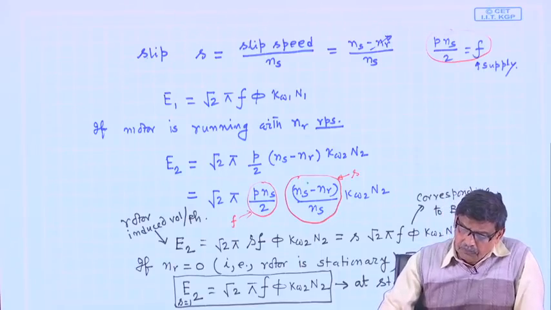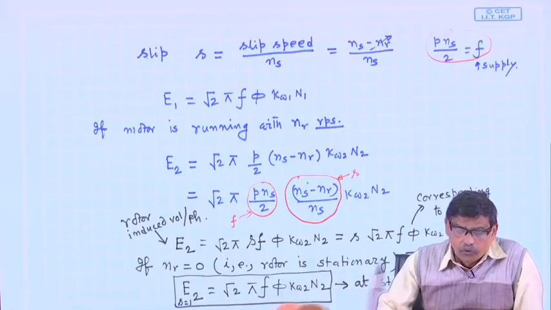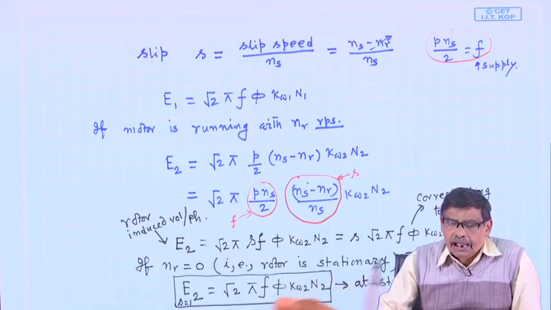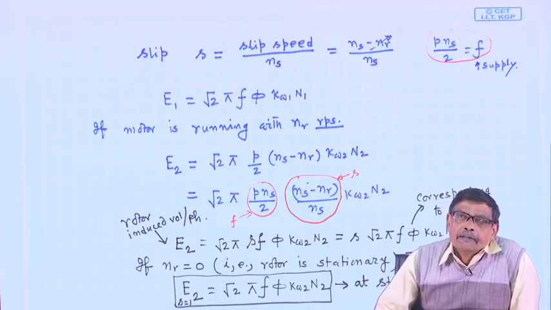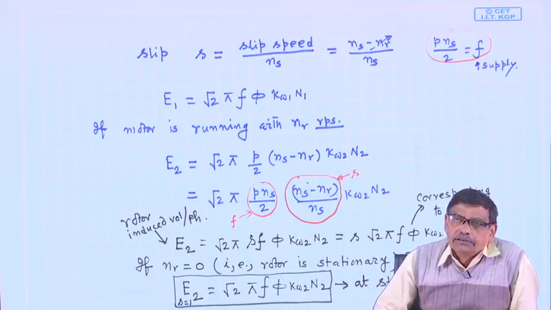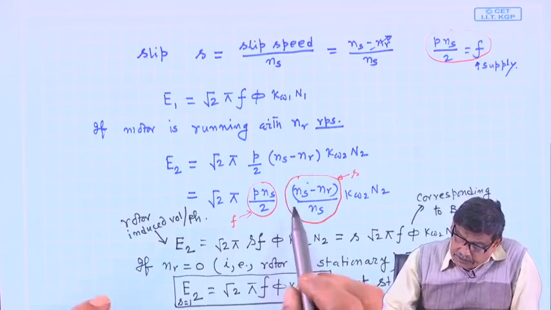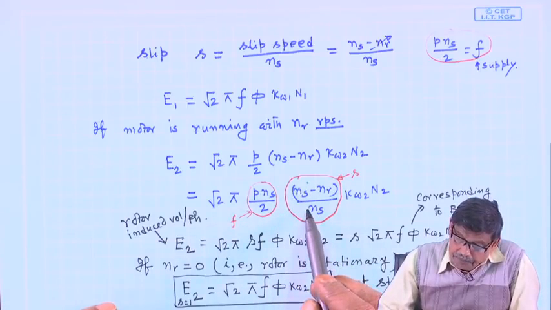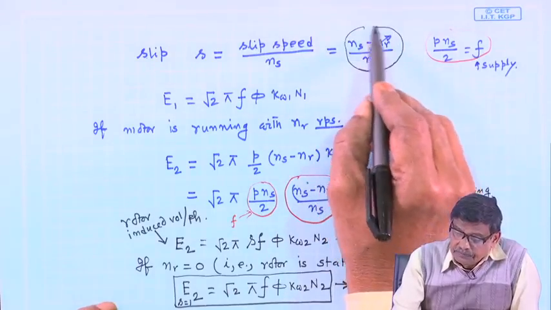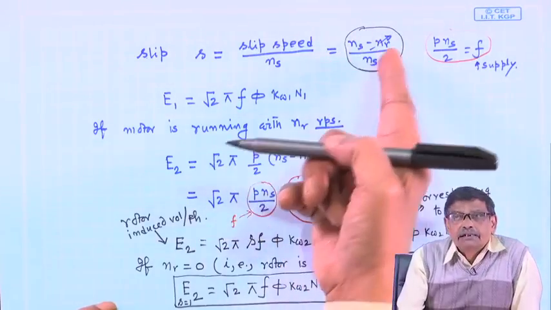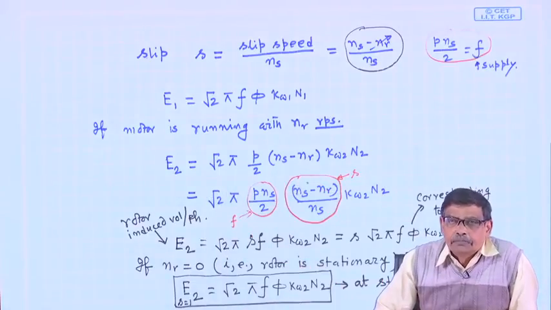Okay. So, telling rotor speed and telling slip is eventually one and the same thing. You are trying to communicate at what speed the rotor is running. Only thing is, while calculating slip, which is equal to this quantity, do not mix up electrical and mechanical speeds.